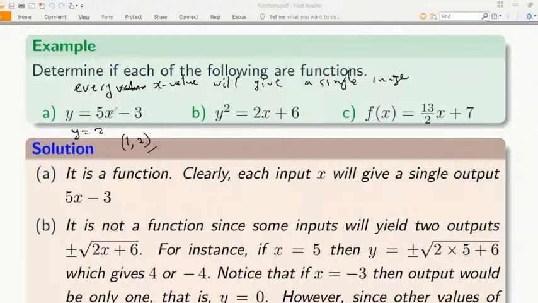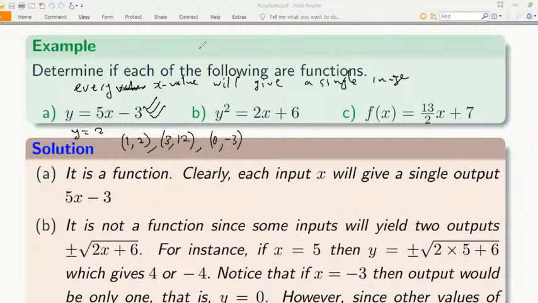So object 3 would give an image 12. If I was to plug in 0, what will be the image? Negative 3. So you can see that every value of x has only one value of y. And therefore, this one becomes a function.